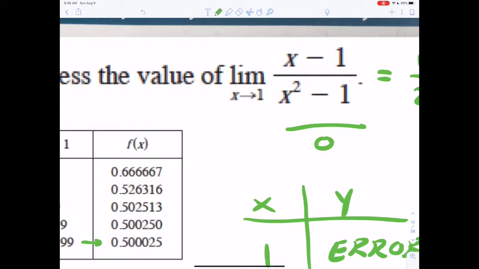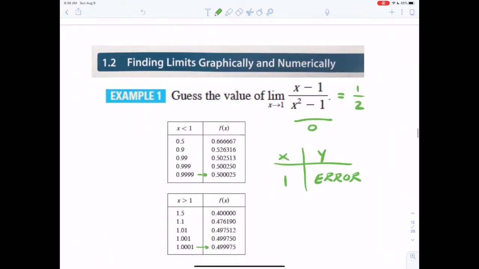And if you remember back in your previous courses, you cannot divide by 0 or else it's going to be undefined, okay? So that's the number 1 reason why you should not just plug in the number that you're approaching, okay? You want to get arbitrarily close but not exact. Now, we're going to explore why it comes out to 1/2 later algebraically, and I'll show you that in a different lesson, okay? But that's the reason why we don't just plug in the number, okay?